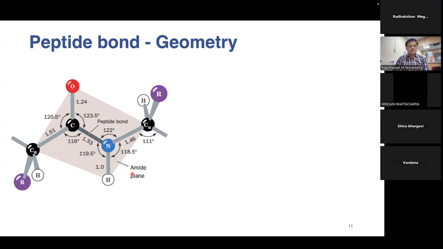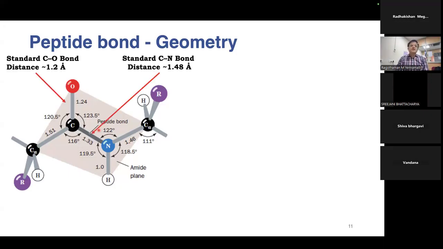All these biochemical and biophysical methods of bond length and bond angle determination are extremely important to understand what type of conformational change a protein will undergo when you are trying to inhibit it with a drug molecule. You can see that the bond length is 1.33, which is a little bit different from a single bond or a double bond.